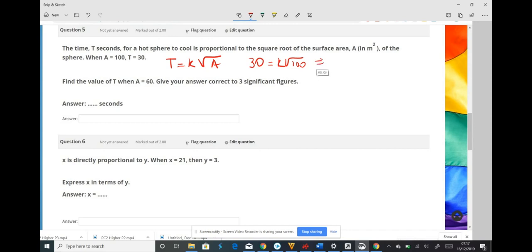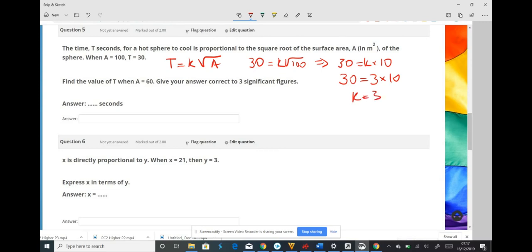So this is the same as 30 is equal to k times 10, or 10k. So 30 is equal to 3 times 10, or k is equal to 3 in other words.